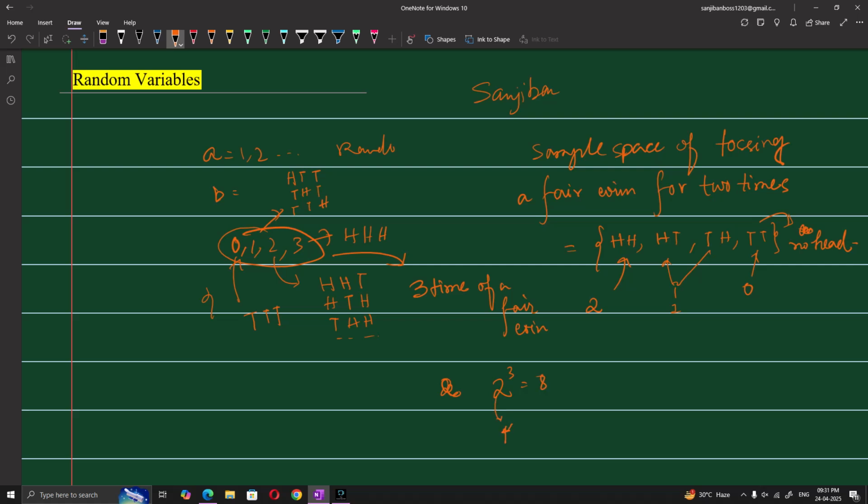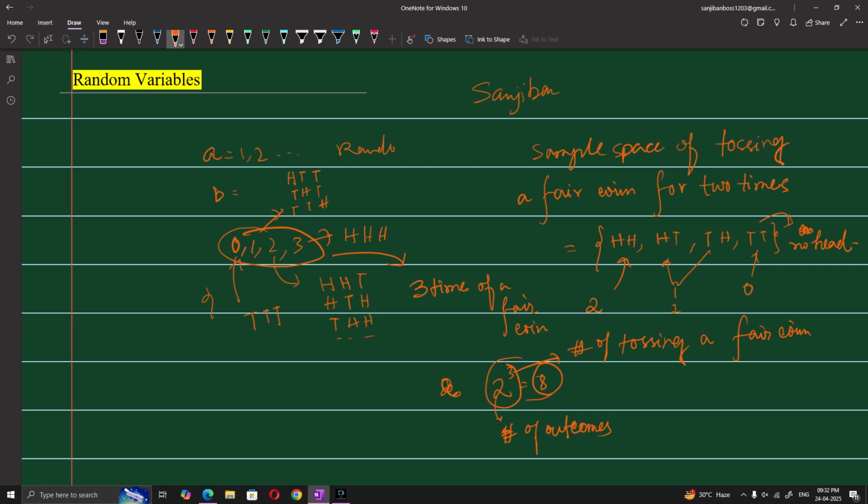This is the number of outcomes. And 3 means the number of tossings of a fair coin. Now 2 to the power 3 is just nothing but 8.